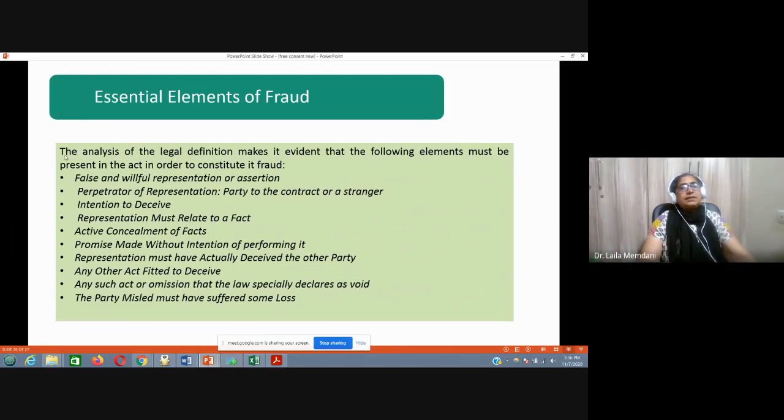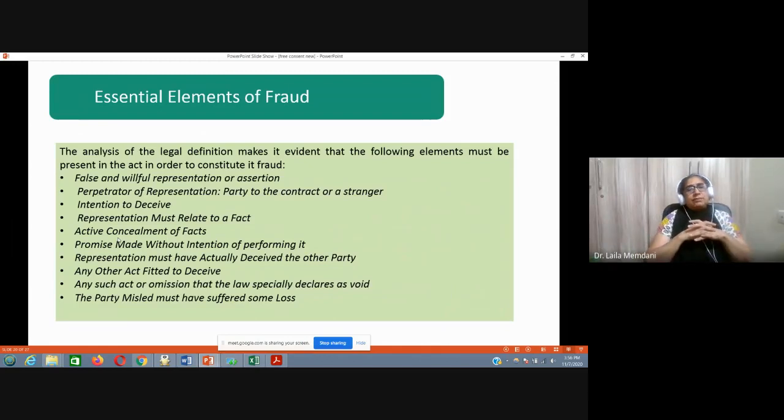But in this case, it is false, and the person knew. The perpetrator of the representation may be a party to a contract or a stranger, but the intention is to deceive. Representation must relate to a fact. There is active concealment of fact, that is hiding of fact, and promise made without any intention of performing it.